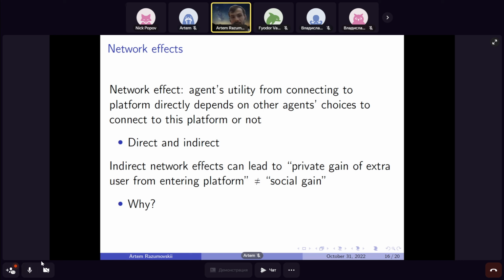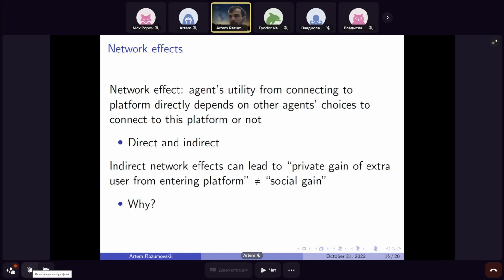Let's consider an example. Again, coming back to Avito, we have some agent, some buyer, or let's take a seller better. Let's say one seller joins the platform. We know that buyers will be better off, right?